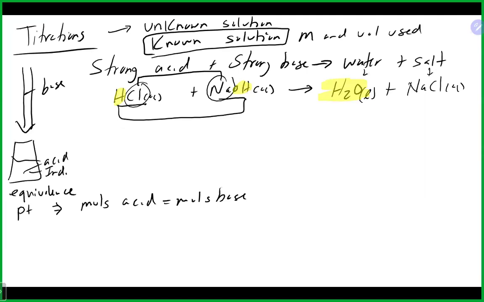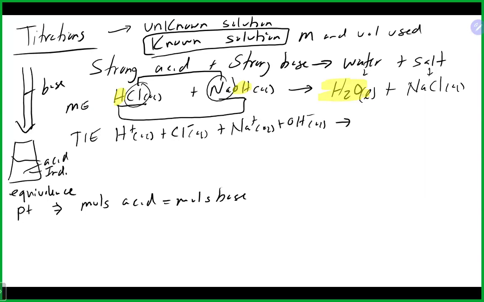And remember that if you went through your molecular equation and your total ionic equation, and you broke this apart, this would break apart into H plus because it's a strong acid, Cl minus because of the strong acid, and sodium hydroxide will break apart into sodium ion and hydroxide ion. Remember that when you do a total ionic equation, anything that's a solid, liquid, typically a gas, or a weak electrolyte will stay together. So our water will stay together and our sodium chloride will break apart.